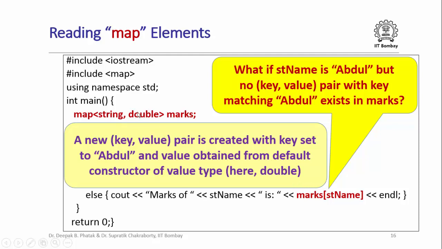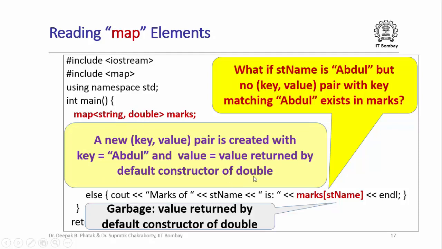That's because the default constructor of double returns garbage. It doesn't initialize the double valued object. So here when I'm trying to read it out, basically this pair is first going to get created, and then I'm going to read the value from that pair, and therefore I will get garbage, and that is what's going to get printed out over here.